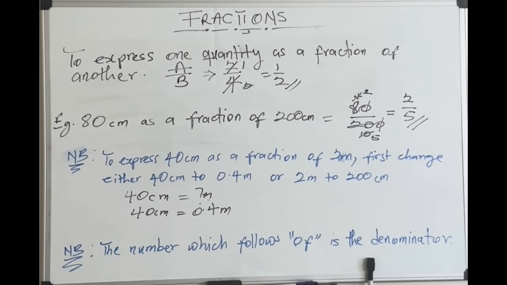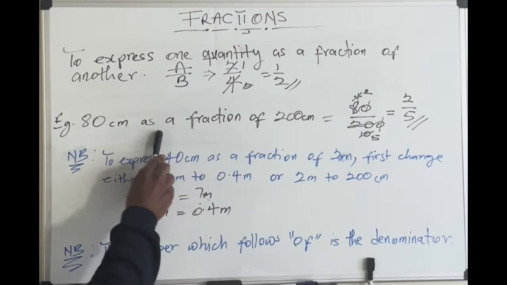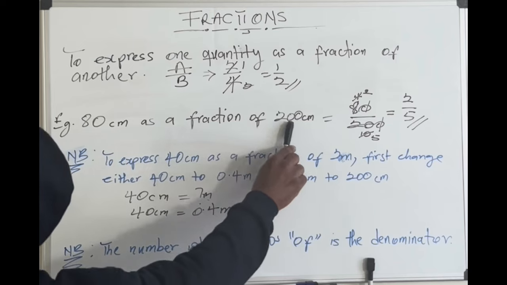So let's see. We have to know that the number which follows or comes after the word "of" is always the denominator. So 80 centimeters as a fraction of 200 centimeters.